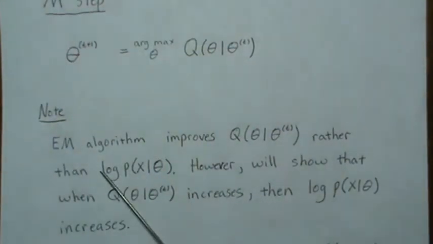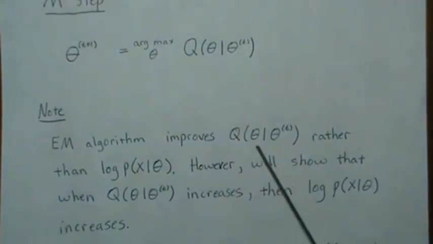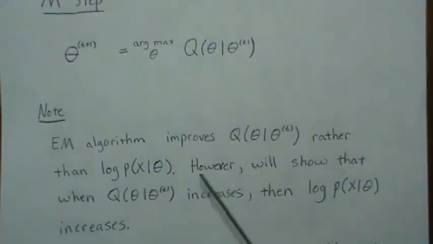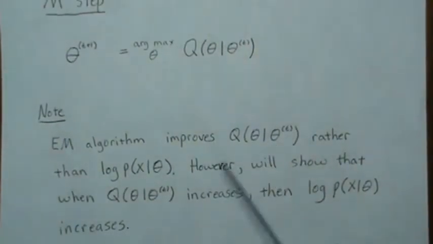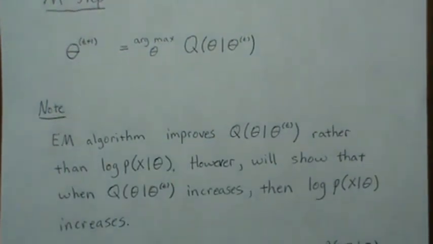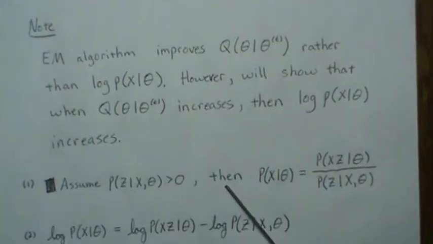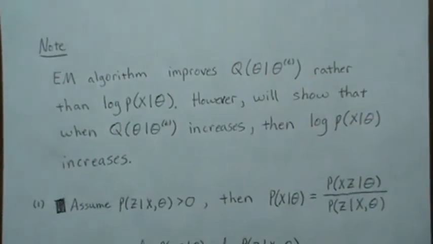And to maximize this, that's the MLE, to find the theta that maximizes this, I'm going to show that it's equivalent: whenever we make this bigger, then we make this bigger, meaning finding a theta that improves this. It's pretty fascinating. So let's go through each step.